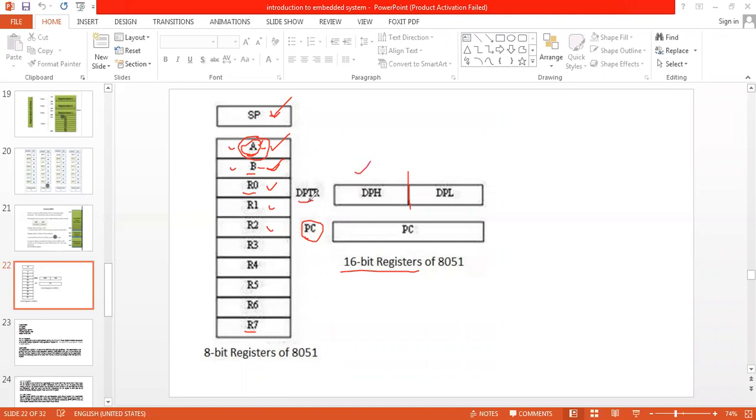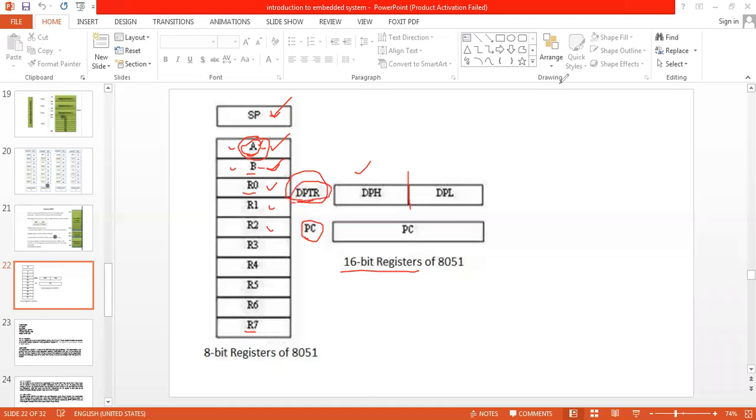This is basically used to point to data inside the external memory. Whenever we access data from the memory, this data pointer points to that particular data. That we have discussed.